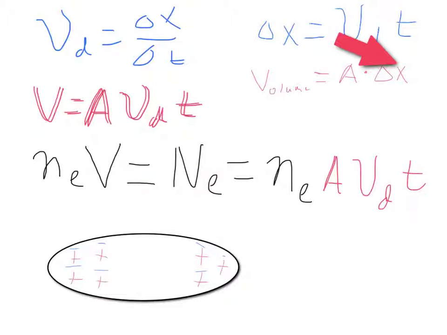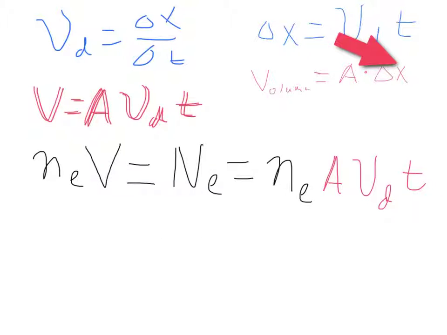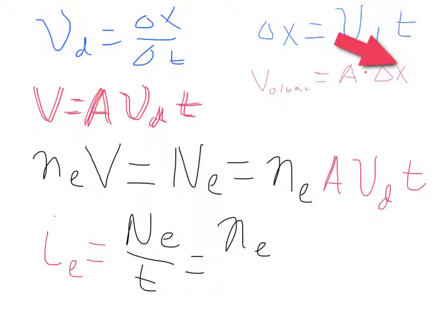Still continuing on now, we are going to take this one step further, and find this in terms of I sub e. So remember, I sub e is equal to N sub e over time, and we now know that N sub e is equal to n_e A v_d t, and then I'm going to divide that by my t, and those two t's are going to cancel out.